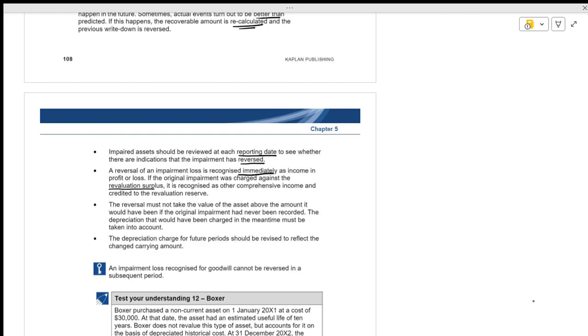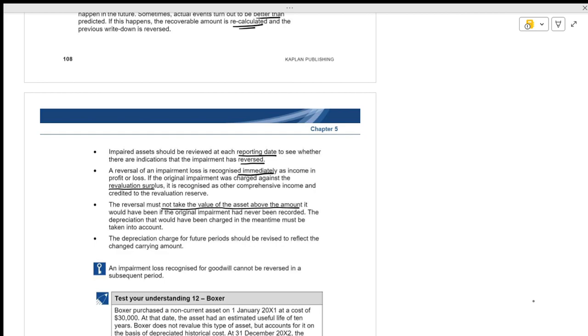The reversal is recognized in OCI and credited to revaluation surplus. The reversal must not take the value of the asset above the amount it would have been, meaning it should not be more than the carrying amount.